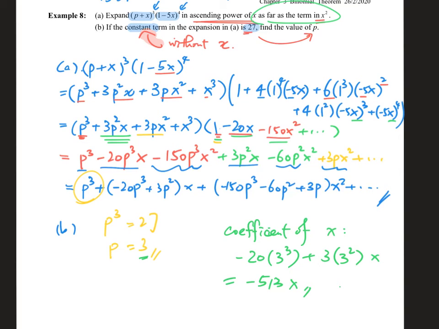And there will be a follow-up question. Wait, let's hold on. I made a mistake, and can you help to find it? Yes, when you talk about coefficient, we shouldn't include the x here. So it's just merely about the numbers, constant numbers, and minus 513 only. So when you are asked about the word coefficient, please be careful, we don't include the x in our answer.